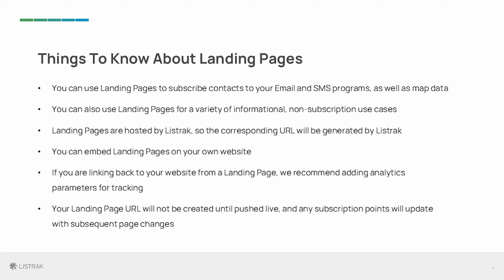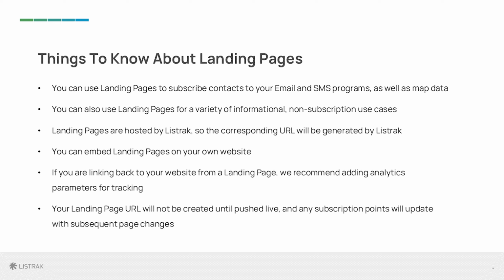But you could also do informational landing pages, so you do not need to necessarily subscribe someone to a landing page in building one. You can make an informational landing page where you might lead people in a bunch of different use cases to have a confirmation message. Maybe they're signing up for something in email, or other use cases where you might be asking for information. We'll go into a few of those examples on the next slide, but you have those two options when you first start building landing pages.